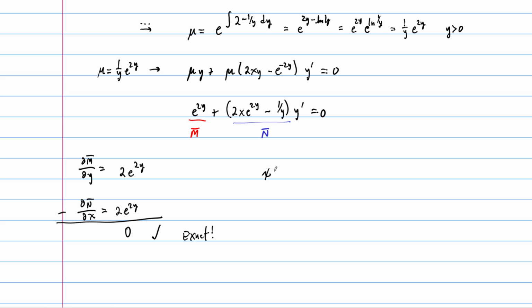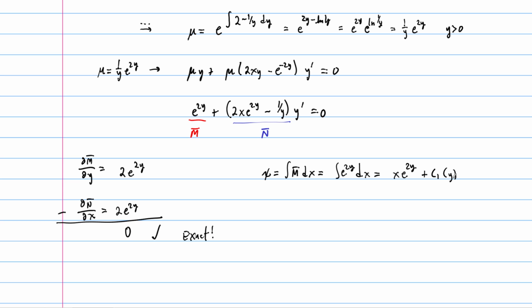Okay, so how do we solve this exact equation? Well, we take our partial integrals, right, with respect to now, not these variables, but with respect to x for this one and y for this one. So psi is equal to the integral of m bar dx. So that's the integral of e to the 2y dx. That's just going to multiply by x, right? So this is just going to be x e to the 2y plus some constant function that could depend on y.